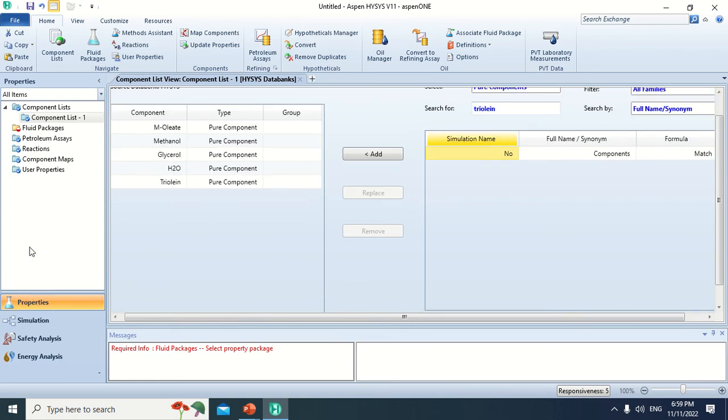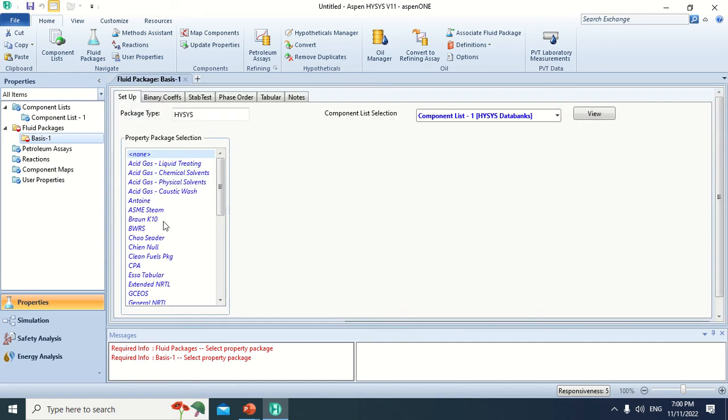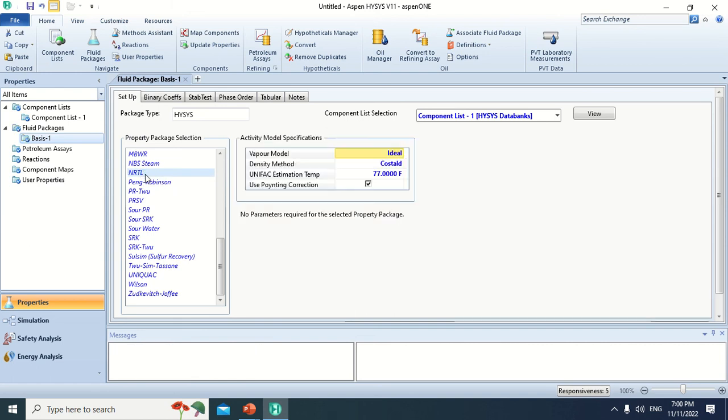And now I'm going to add fluid package. It is really important. In the previous video I talked about it. Click on it, add, and I select NRTL model. Why I choose NRTL model?